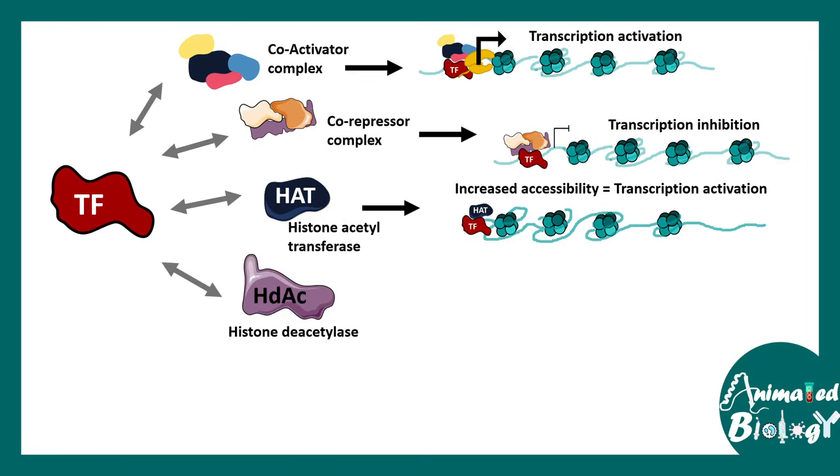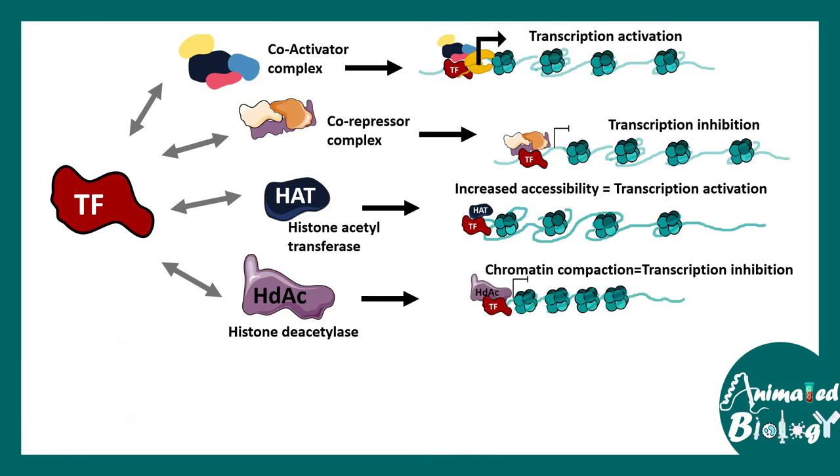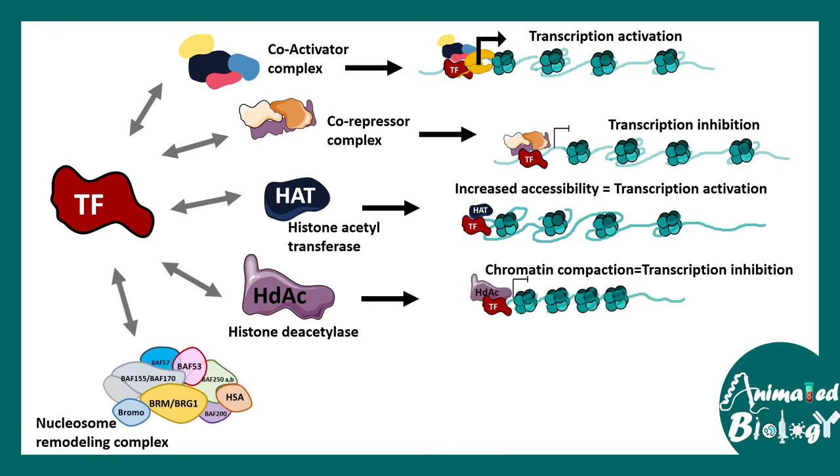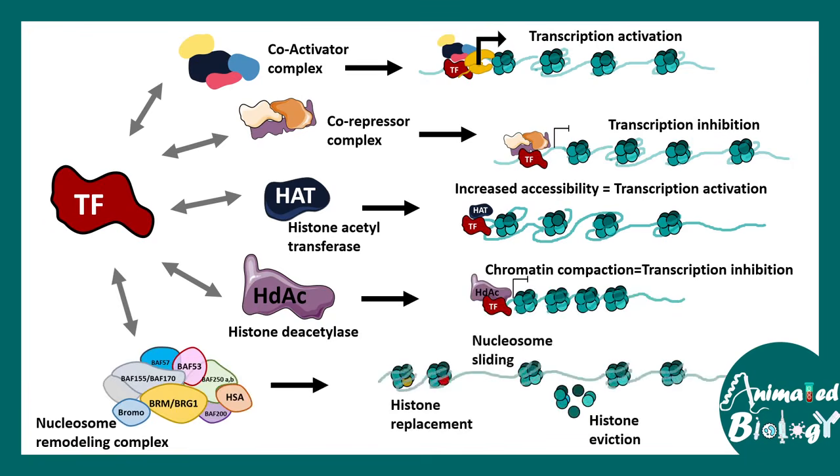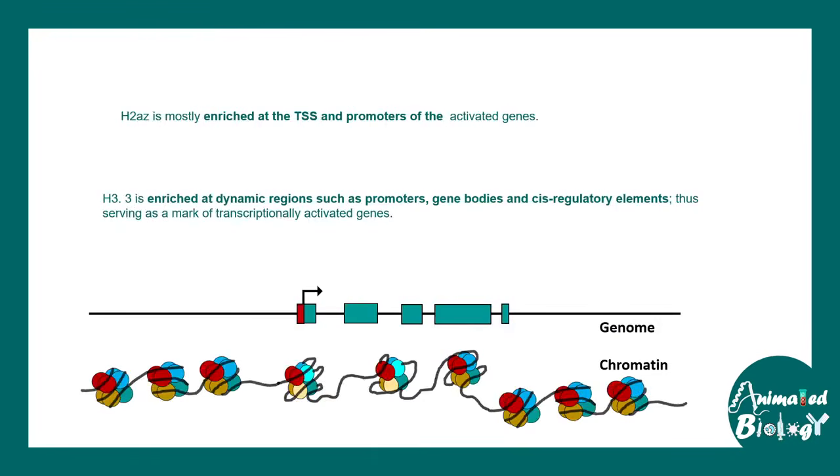Then it can interact with histone deacetylase, which compacts the chromatin. It can interact with the nucleosome remodeling complex, which can do a plethora of things: either replace some histone, or totally kick out a histone from its location, and maybe slide the nucleosome and free up new DNA regions. So a lot of possibilities are happening inside the nucleus. A combination of these steps might happen. Not all of them are necessary together.